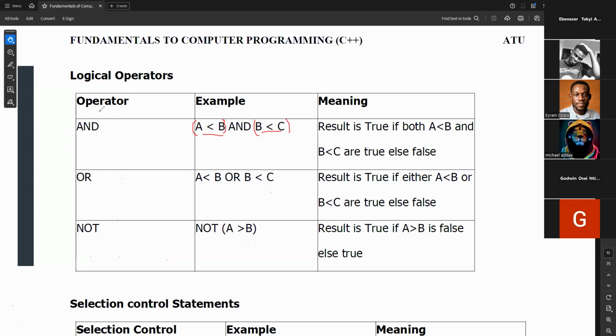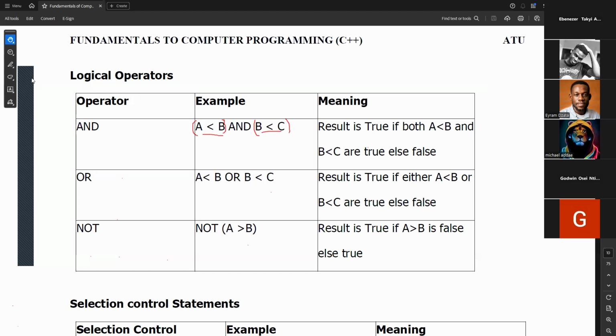These symbols are also used in electronics, gates, and resistors, when you are doing your physics. So let's see how this works.